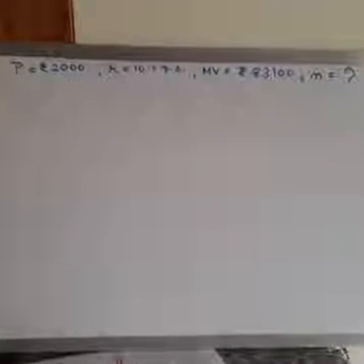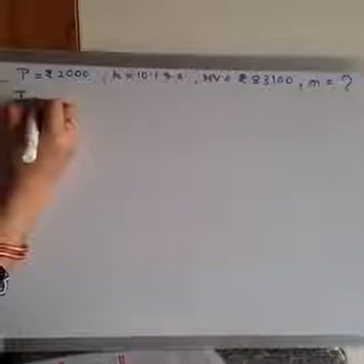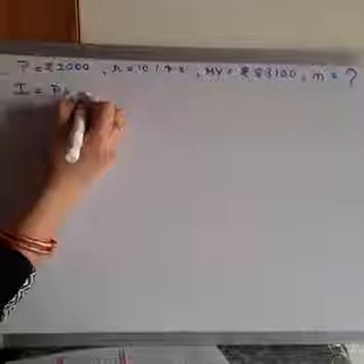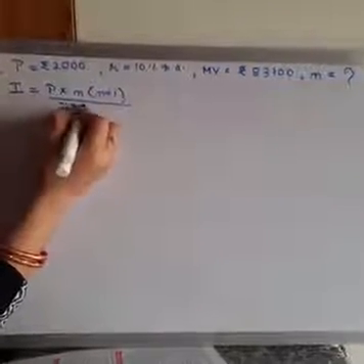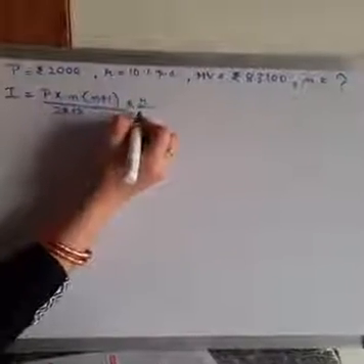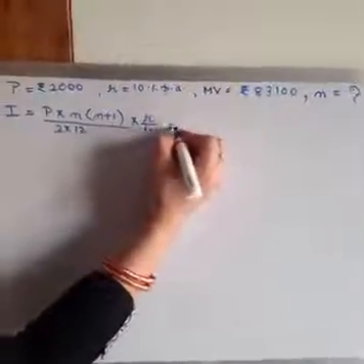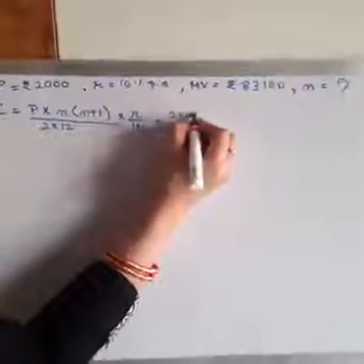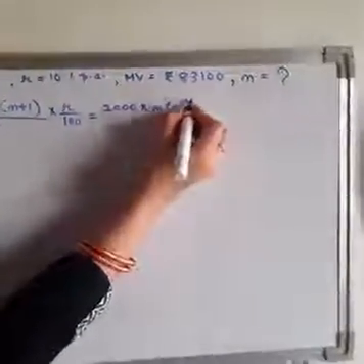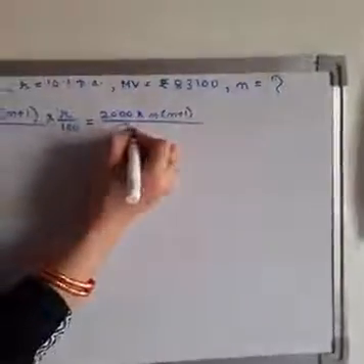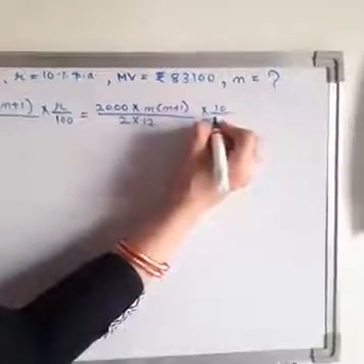Again, the same way, you know that the formula of I is equal to P into N into N plus 1 upon 2 into 12 into R by 100. So let's substitute the values. This will be equal to P, that is 2000, into N, which is unknown, so N into N plus 1 upon 2 into 12 into R, that is 10 upon 100.